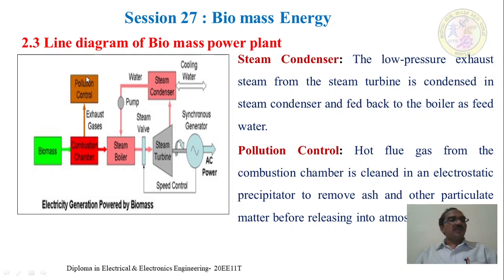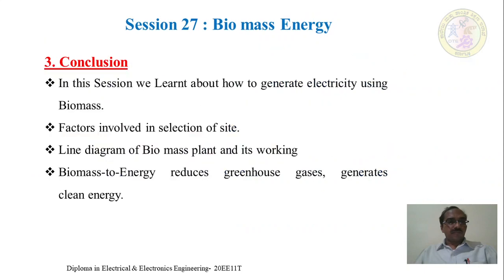Only the fine flue gases will be released. Otherwise, other particles will be collected and then dumped out. So this is the process flow or line diagram of your biomass power plant.